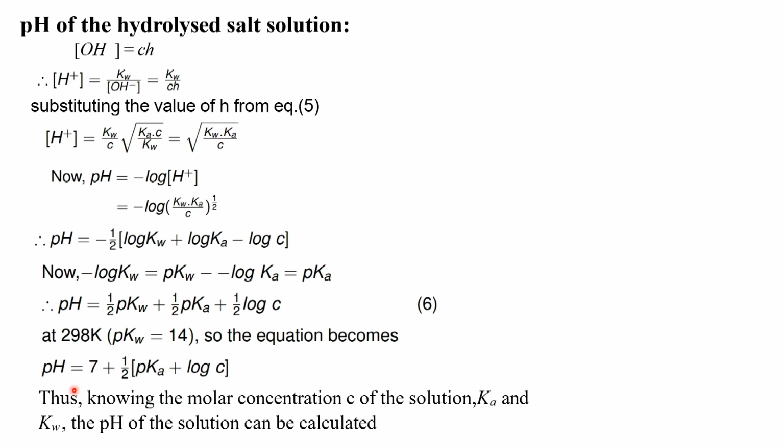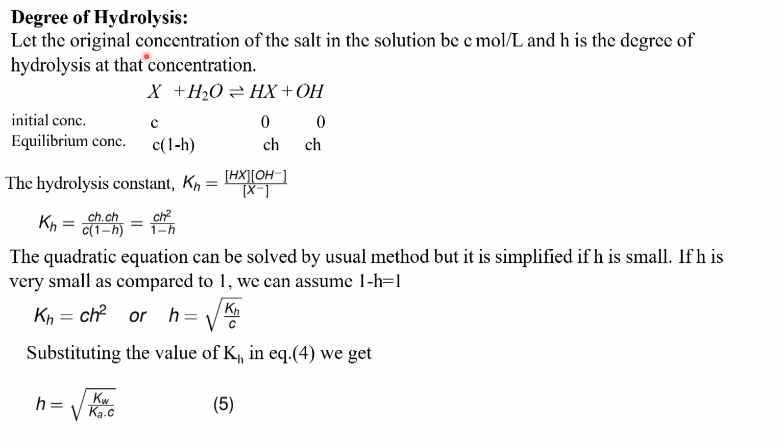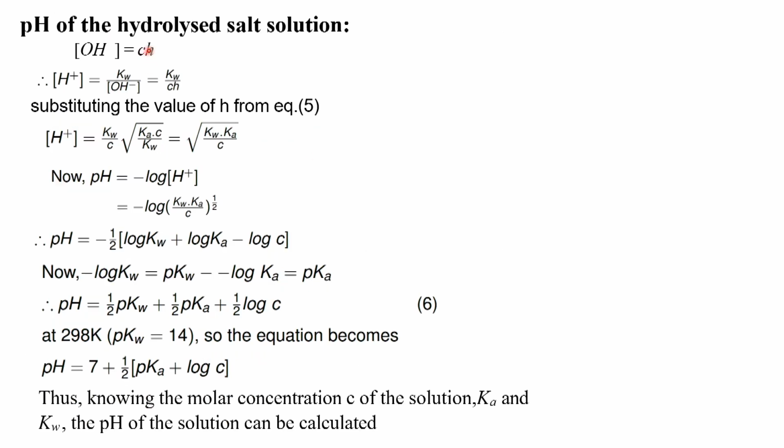Then we discuss the pH of the hydrolyzed salt solution. Concentration of OH minus is C times h, and concentration of H plus is Kw by concentration of OH minus, so Kw by Ch.